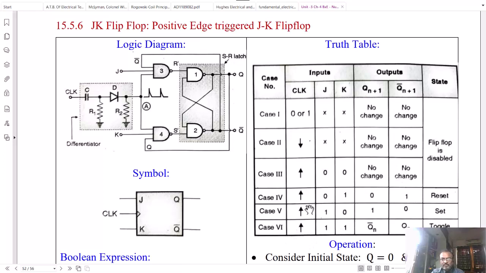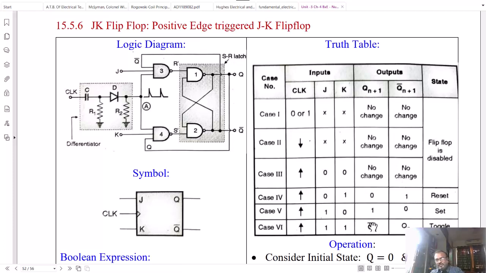When both the J and K inputs are 1 and the clock is changing from low to high, then you will see that the output Q will toggle to the Q bar state. If it is in logic 1 state, then the output goes to logic 0.